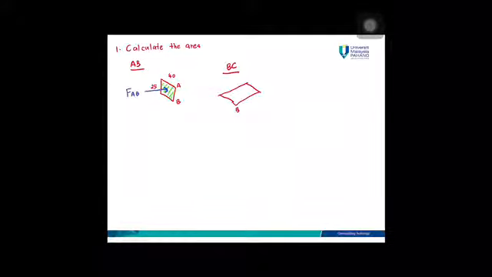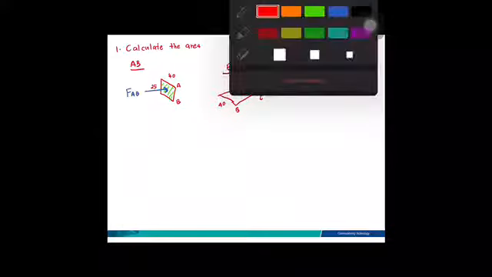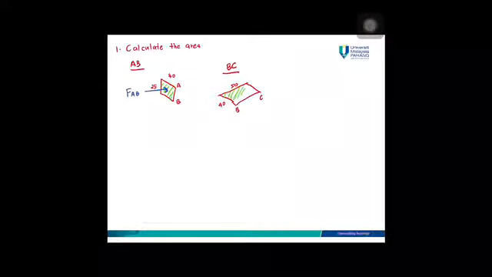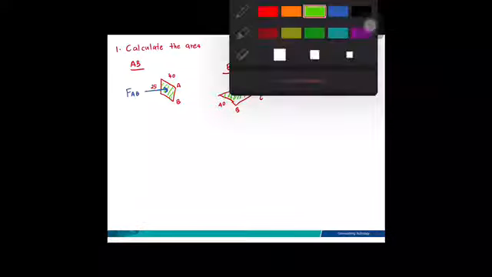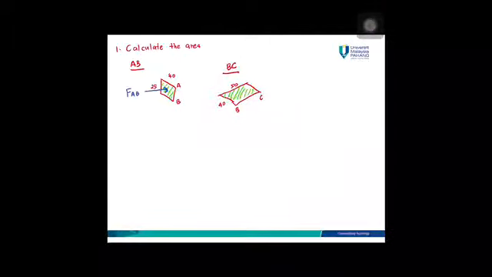This is point B, this is C. The dimension from the figure is 40 and 50. You know that this is the area, and the question asks you to calculate the compressive stress, which is a normal stress acting perpendicular. So I label it as FBC.